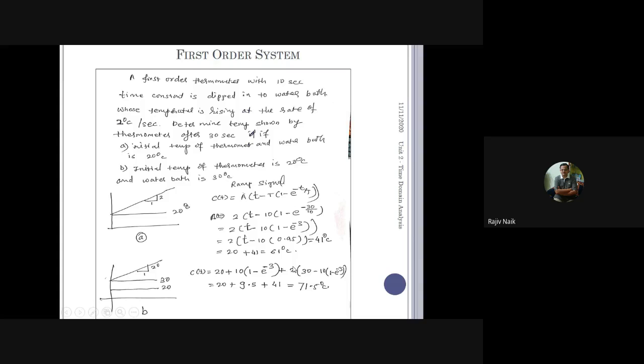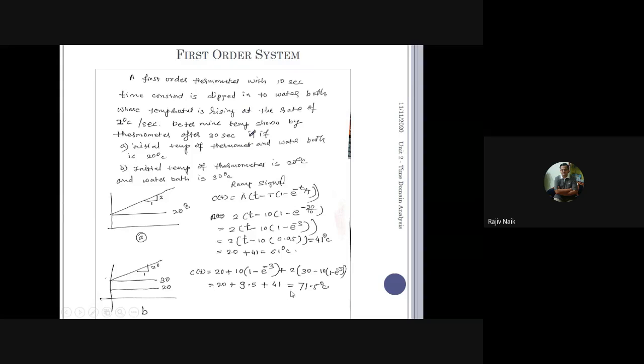The time constant of the thermometer is 10. The size of the ramp signal is 2 degrees centigrade per second. So this plus the initial temperature, that is 20 plus 9.5. Even though the step size is 10 degrees centigrade, the temperature shown by the thermometer is only 9.5 degrees centigrade, because here also we have waited for only 30 seconds, not 50 seconds. So the error is 0.5 degrees centigrade in the step and the error is 19 degrees in the ramp.